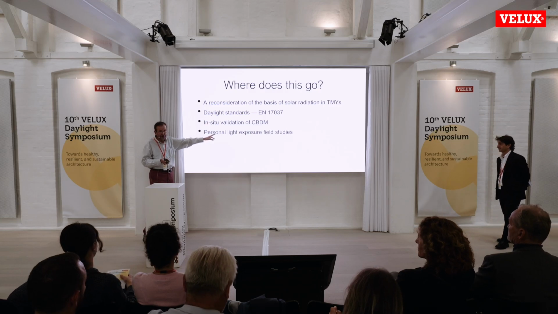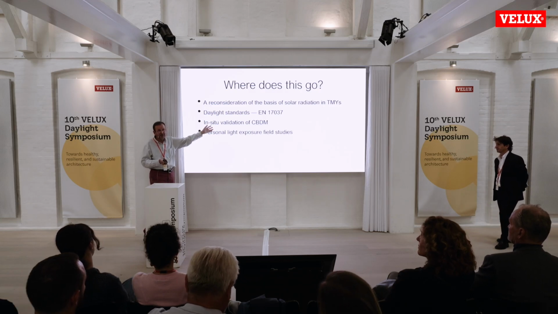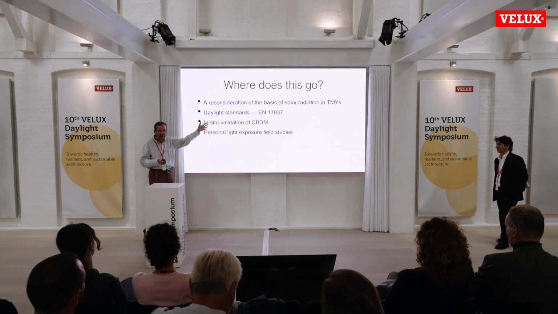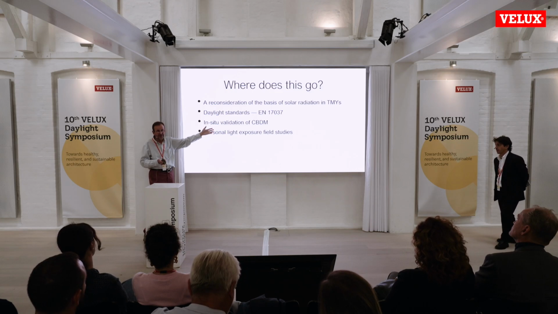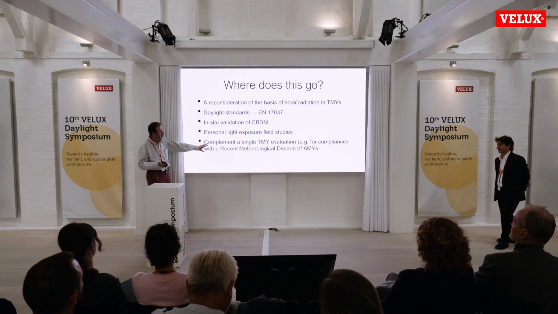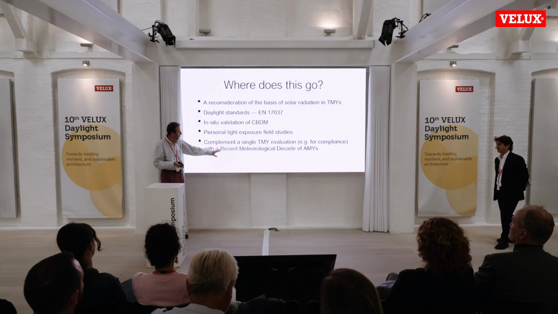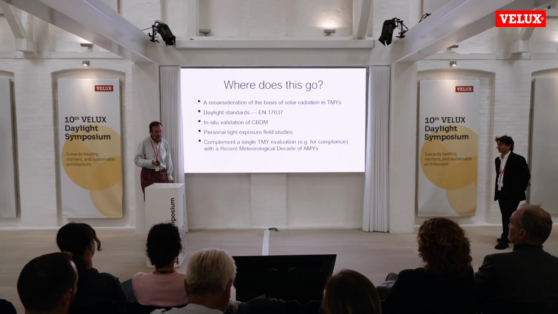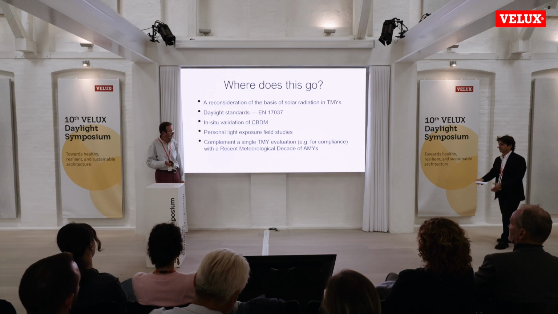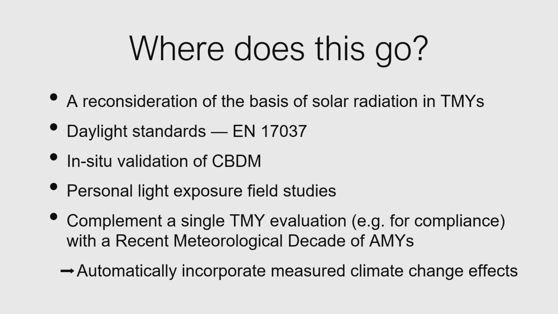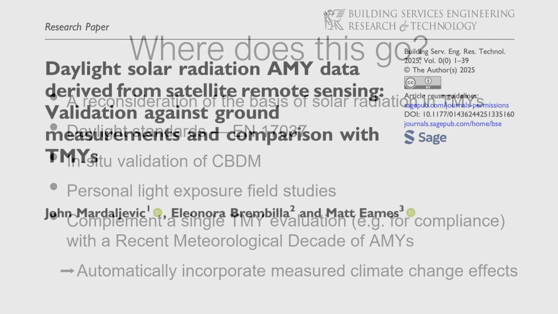Personal light exposure field studies, we just need the lat and long and the time of those studies and get the baseline conditions outside. And the really radical suggestion to think about doing a recent meteorological decade of evaluations rather than just a single year, which would allow you to automatically incorporate measured climate change effects.